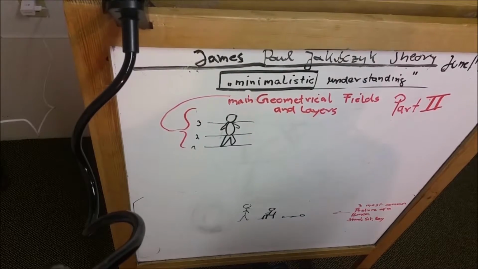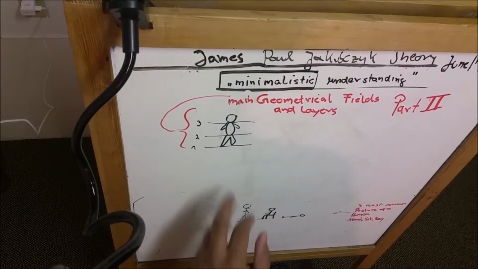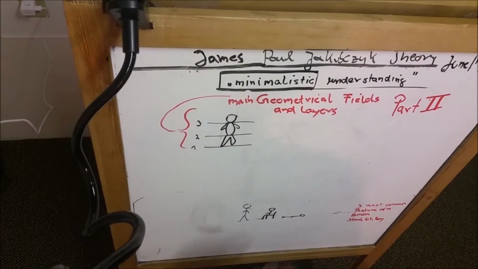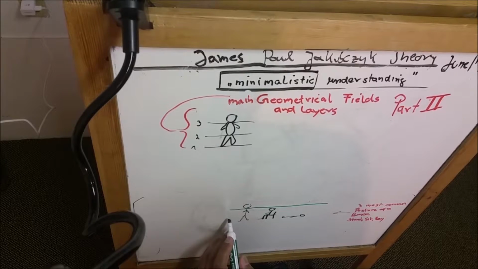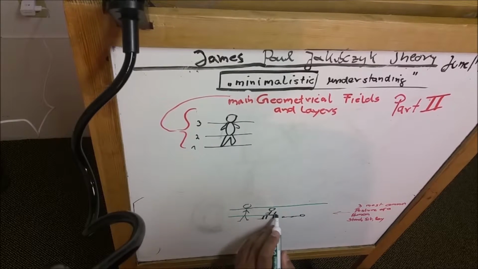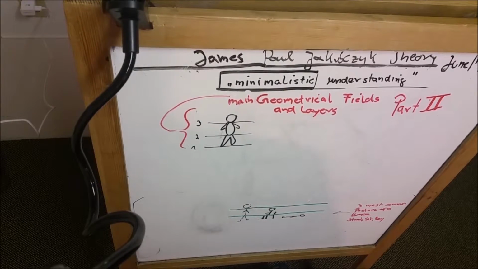Now, if we add those 3 main geometrical fields and layers, which are invisible, but I make them visible because I'm going to draw on it, then you see that we have the head level, the upper body level, and the ground level.